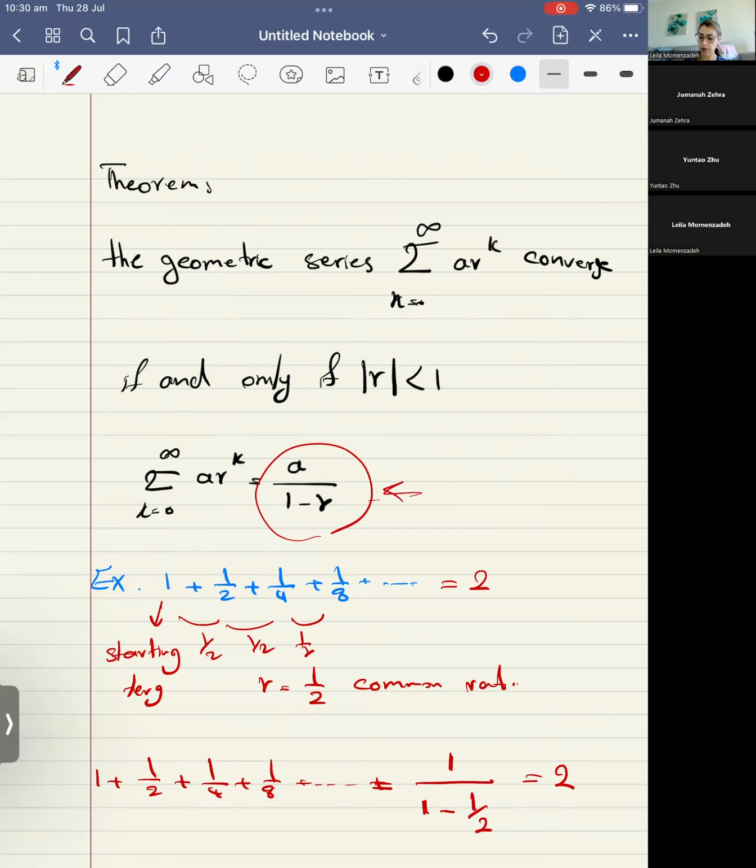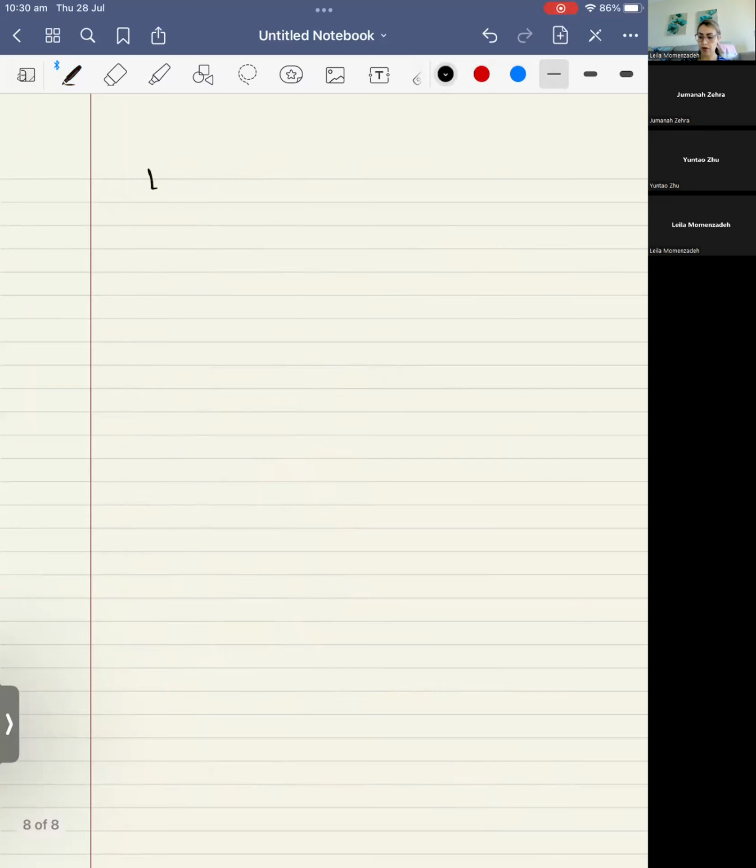But for example, for this one, 1 plus 1 over 2 plus 1 over 3 plus 1 over 4 plus 1 over 5 and so on, you have a starting term, but there is no common ratio between them. You cannot find any common ratio, and it means you cannot use the geometric test here.